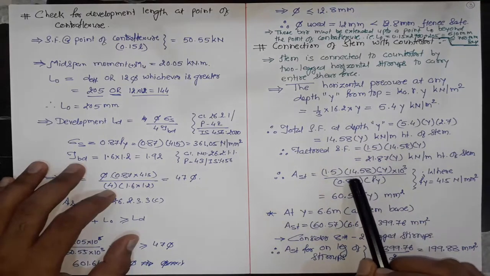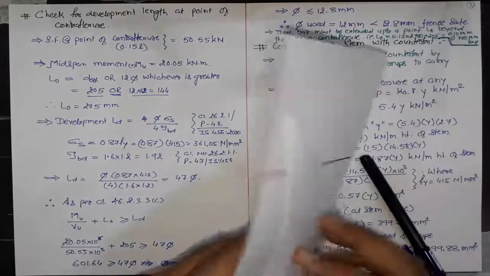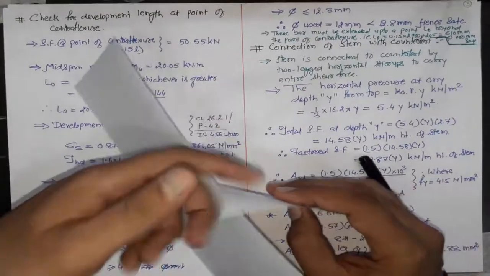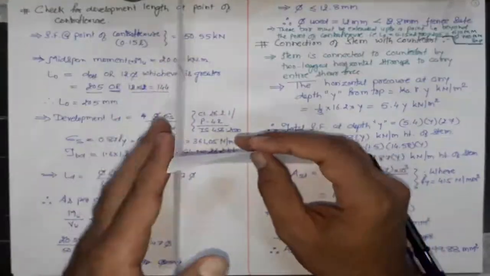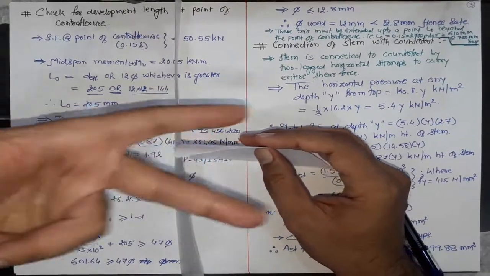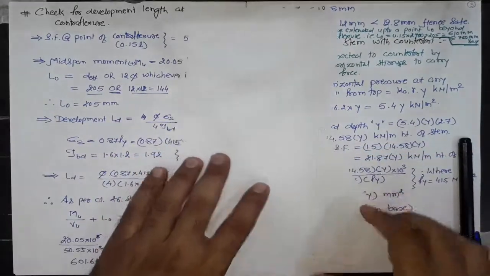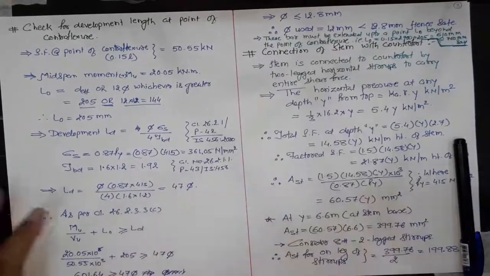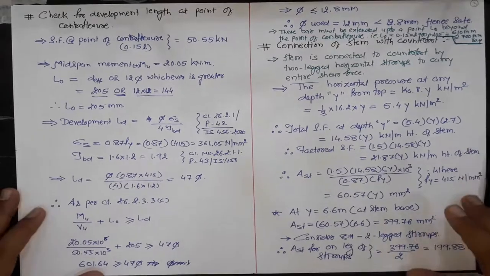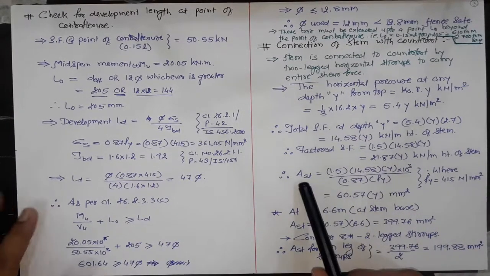Since our reinforcement is in direct tension, we are providing a U-clip to our counterfort. This U-clip will be in direct tension. Therefore, our formula for direct tension in reinforcement is 0.87 Fy into Ast.